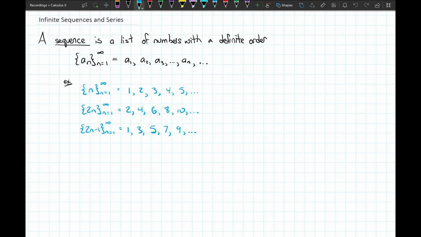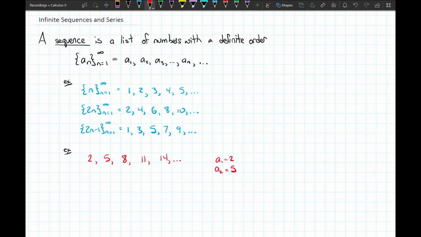Now, it's quite possible that we may have a sequence of numbers given to us and need to come up with the explicit formula for it. For example, 2, 5, 8, 11, 14. Well, there's a nice pattern that you might be able to see, and that is that every next number in the sequence is simply 3 more than the previous number. To come up with a formula for this, we could say, well, a1 is equal to 2, a2 is equal to 5.